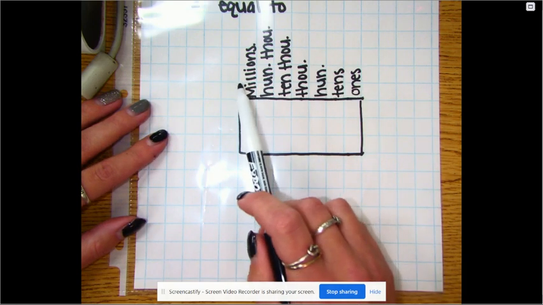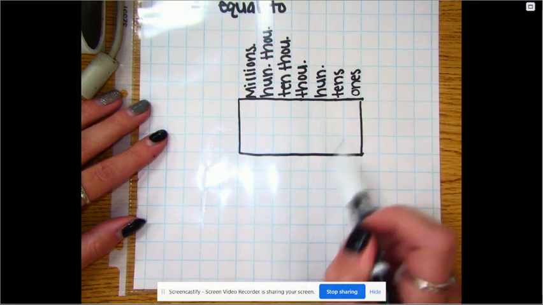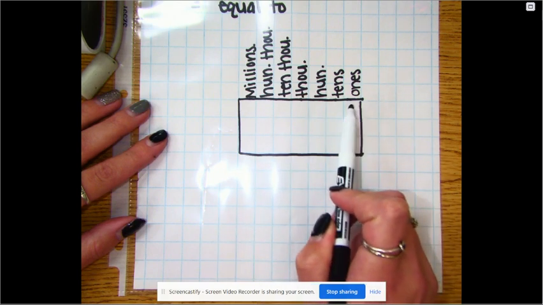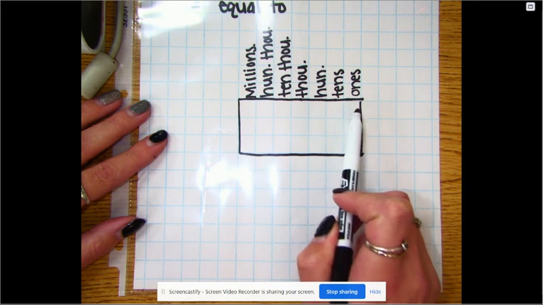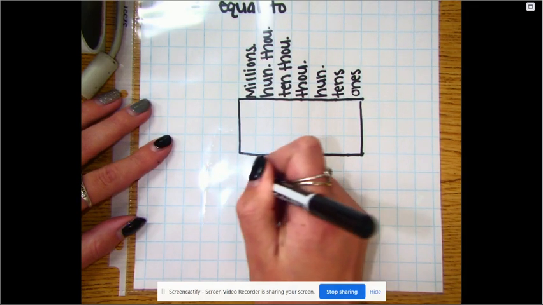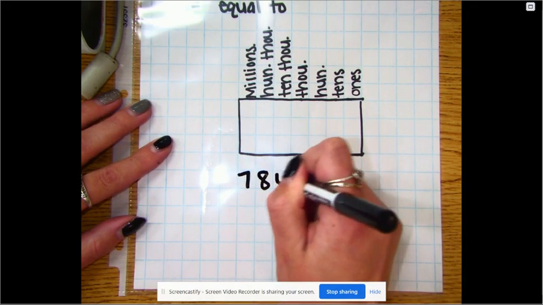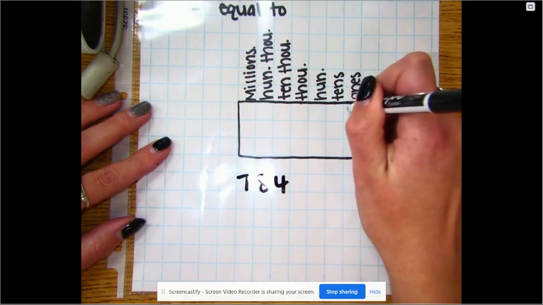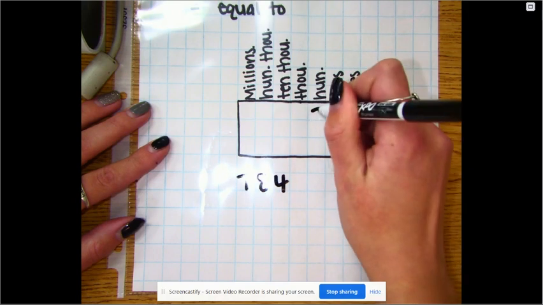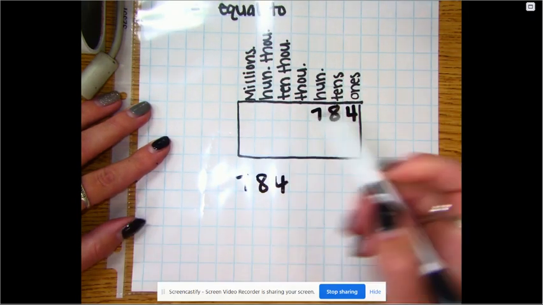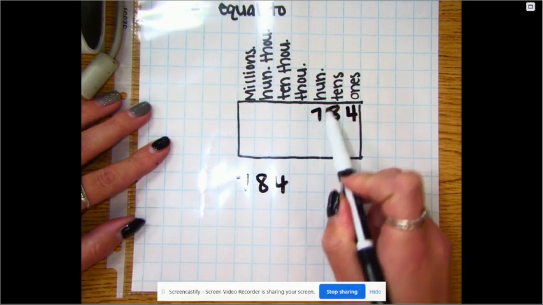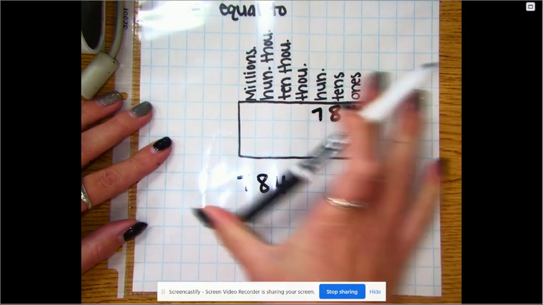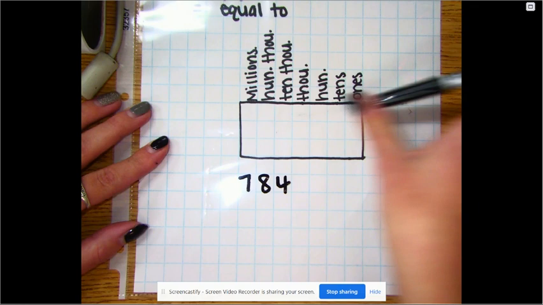It's important to know that as we're putting our numerals into our place value chart, we always start with our smallest value in the ones place. So if I have the number 784, my 4 has to start in the ones place. It has to start in the ones place because when I go to say it, I'm going to say 784.